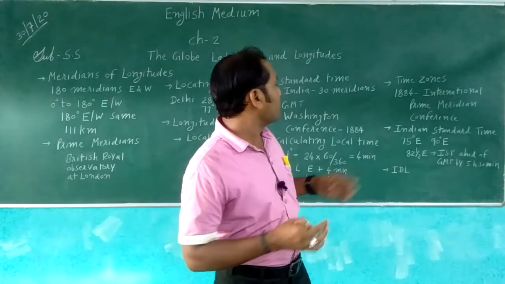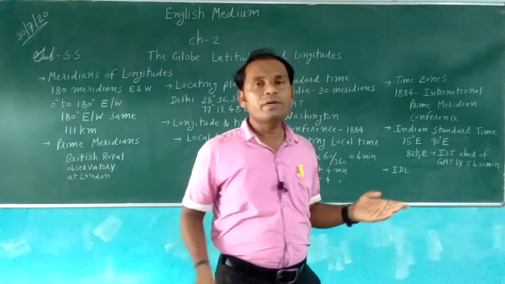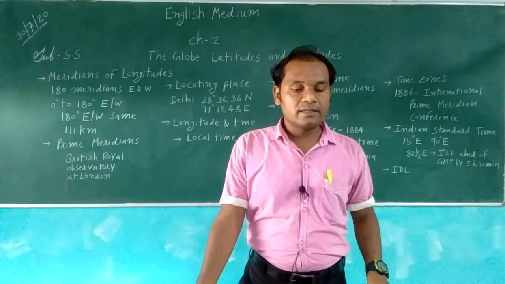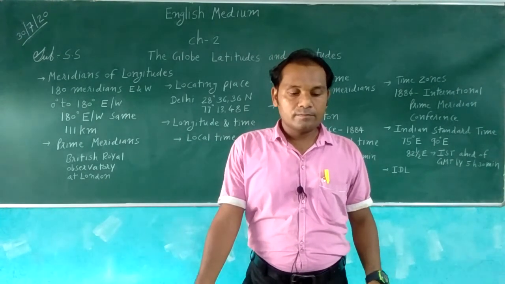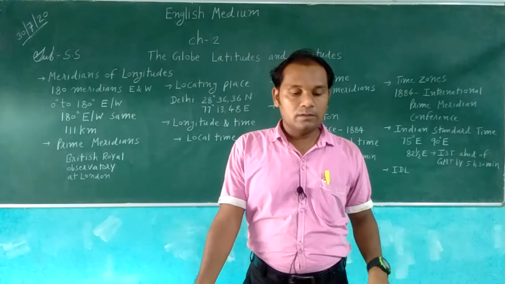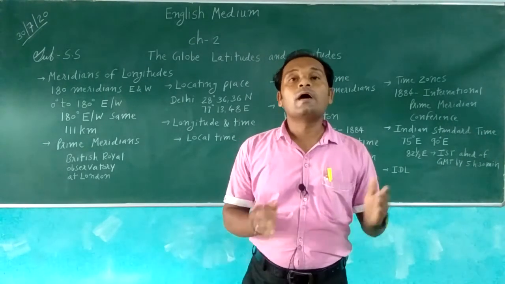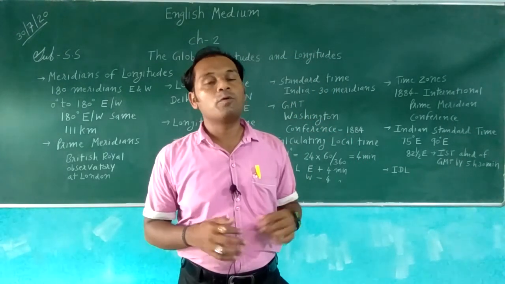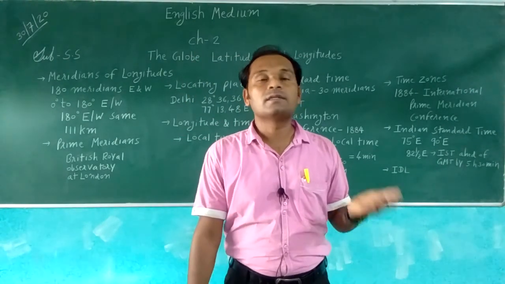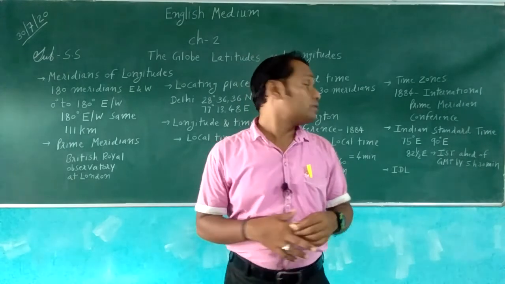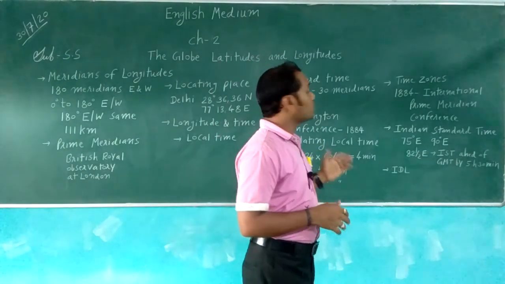The IDL determines that if any traveler crosses it from the east side, they will lose 1 day, 24 hours. If they are going towards the west side, it will save 24 hours. So these are the standard times, and these are the other zones.